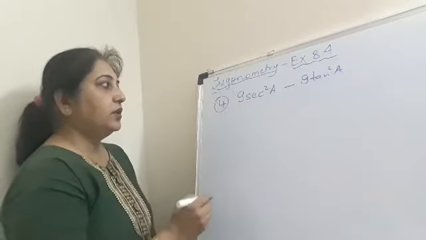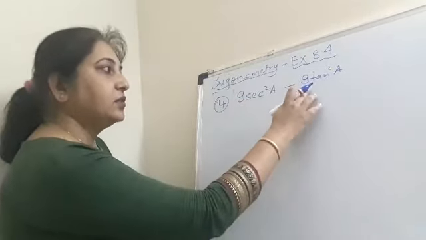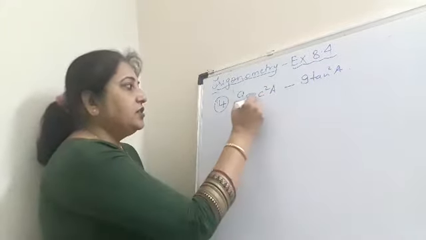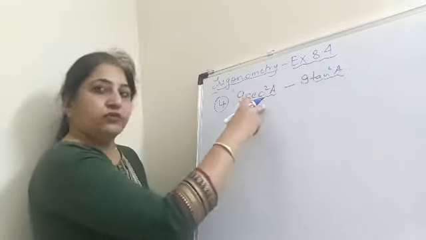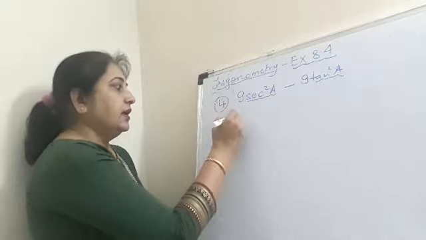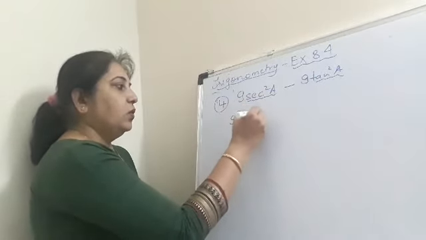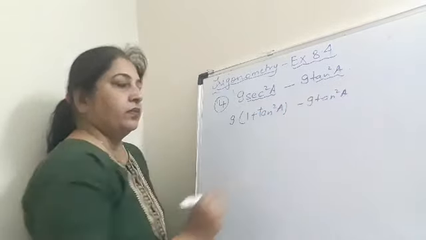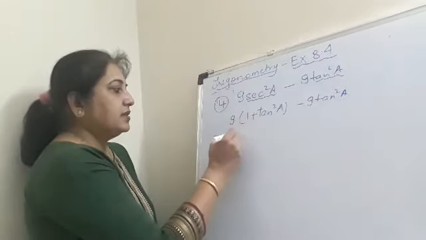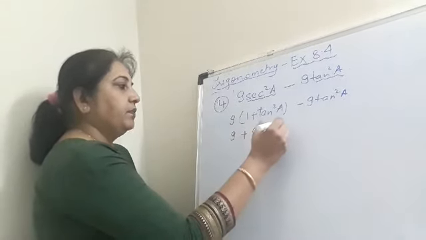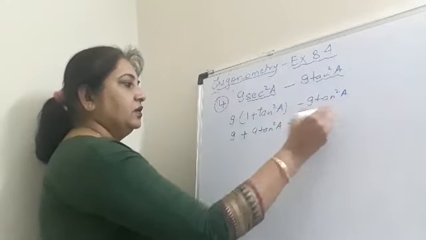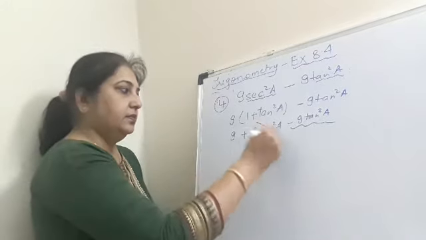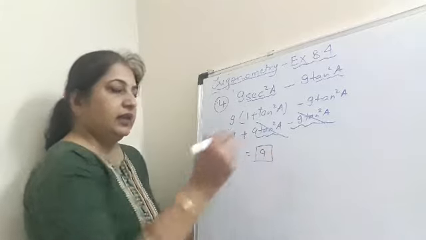Over here, 9 sec square A minus 9 tan square A: I know there is a relation between sec square A and tan square A, so I will change either sec square A or tan square A in terms of the other. For sec square A I can write 1 plus tan square A, and here minus 9 tan square A. So we get 9 plus 9 tan square A minus 9 tan square A. These two terms are similar with opposite signs, so we can cancel them, and I get 9 as the answer.